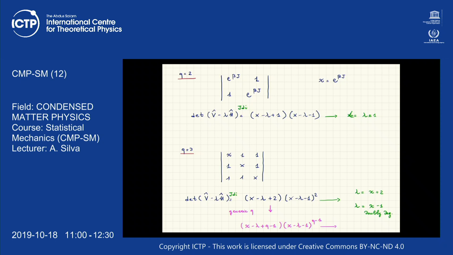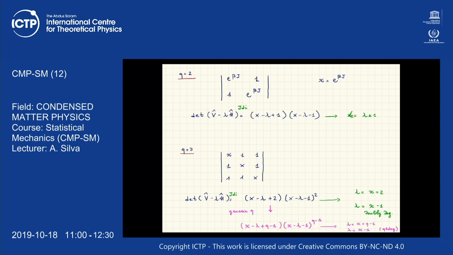But then this tells you that you have two eigenvalues. One is lambda equal to x plus q minus 1, and the other is lambda equal to x minus 1, which is q minus 1 times degenerate.